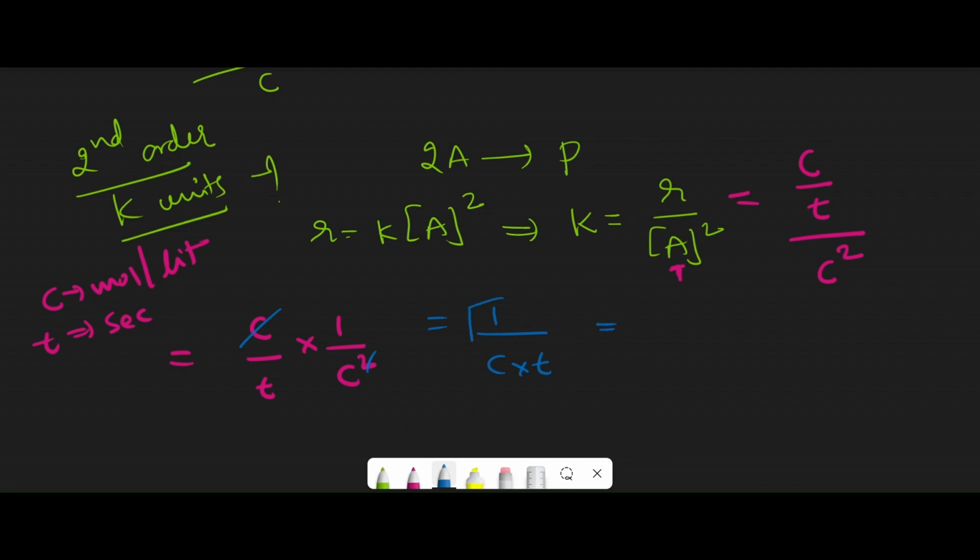That means 1 by c is nothing but liter per mole, that means liter into mole inverse, into 1 by t, that means second inverse. So the answer will be liter mole inverse second inverse. Clear? So these are the units of k for which order? Second order. Like that you may calculate for zero order, for any order.